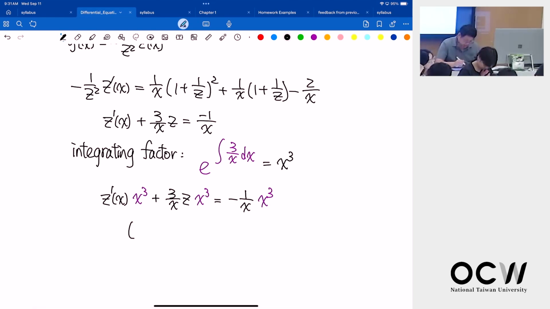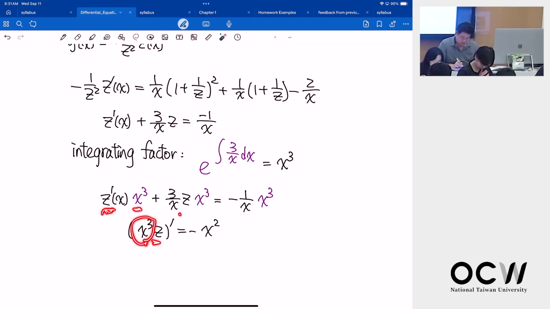That's x cubed z. Take the derivative of the first term and keep the second term, plus keep the first term and take the derivative of the second term. Okay?